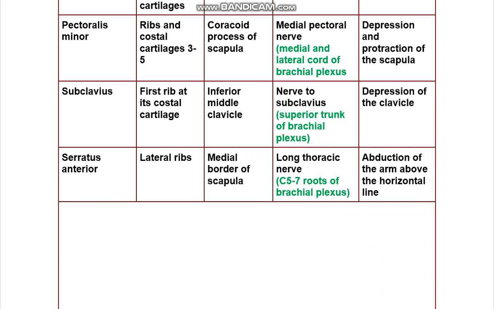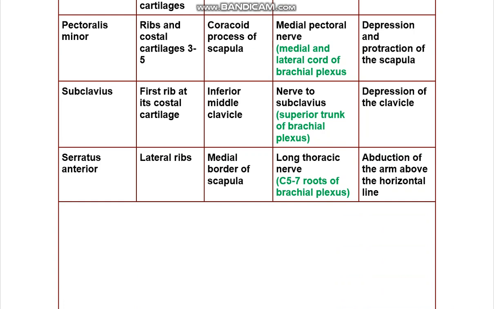The serratus anterior is innervated by the long thoracic nerve. It's going to be C5 through 7 roots of the brachial plexus, and the serratus anterior is going to do abduction of the arm above the horizontal line.